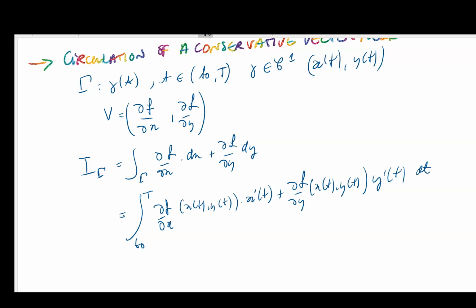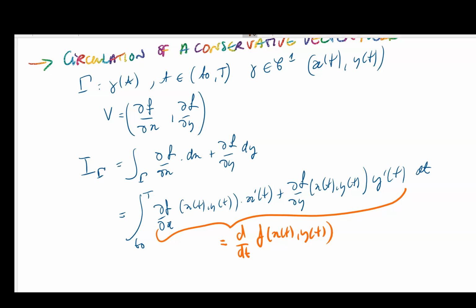But maybe you have observed that we have something very peculiar here. We have df over dx x prime plus df over dy y prime. That's exactly the chain rule. Okay, that is exactly the chain rule when I want to do d over dt of f of (x of t, y of t).